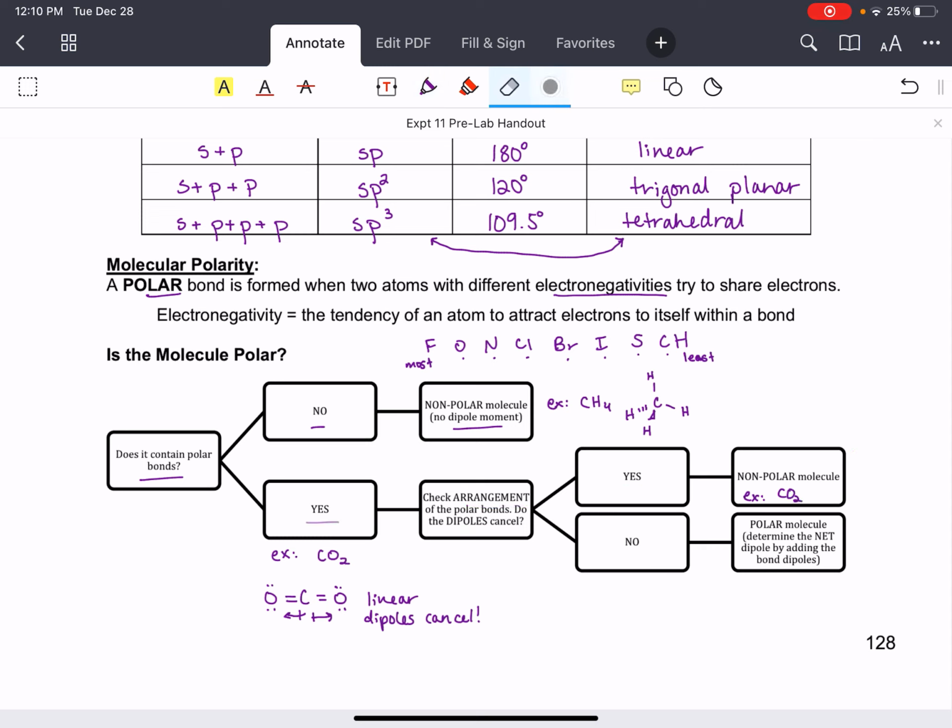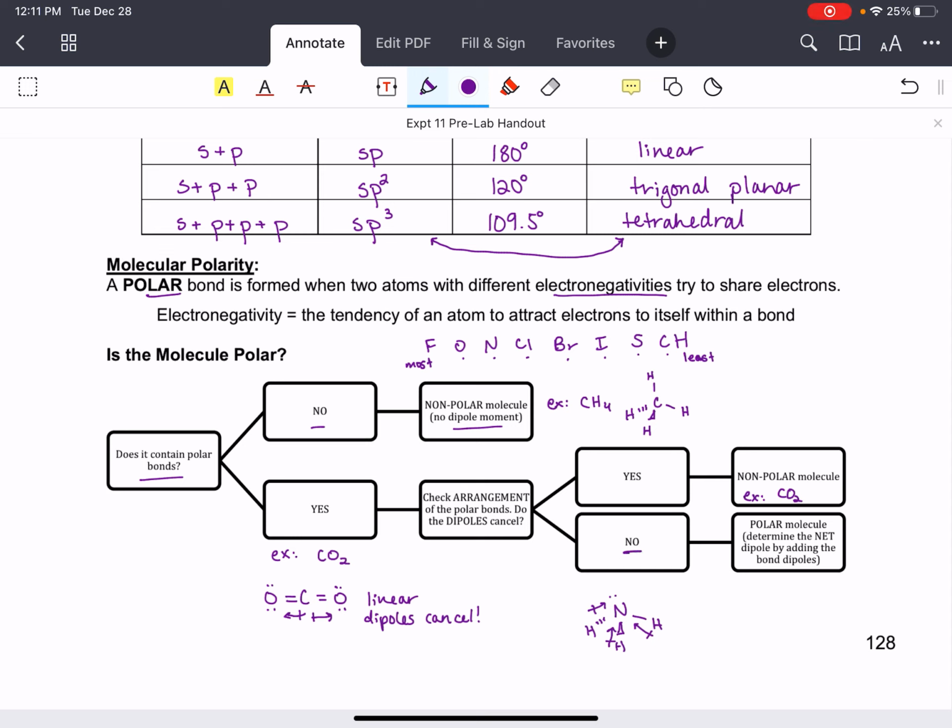What if we have polar bonds and we check our arrangement, but the dipoles don't cancel? So let's look, for example, at NH3. So in NH3, we have this trigonal pyramidal arrangement of our atoms. We know that nitrogen is more electronegative than hydrogen, but do the dipoles cancel?